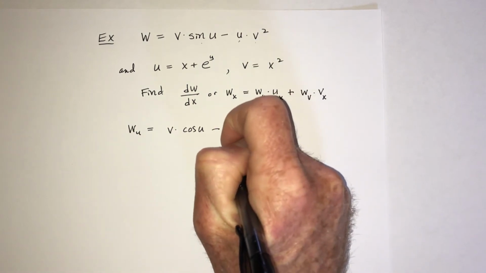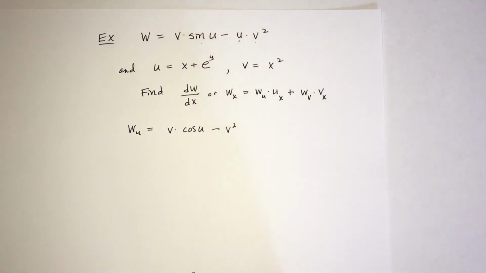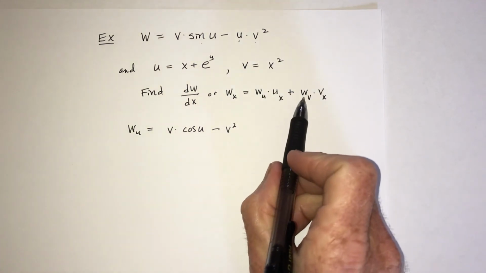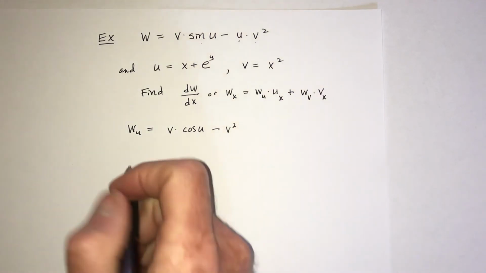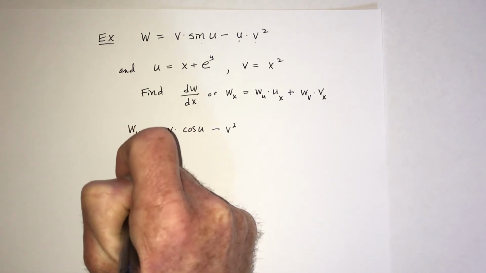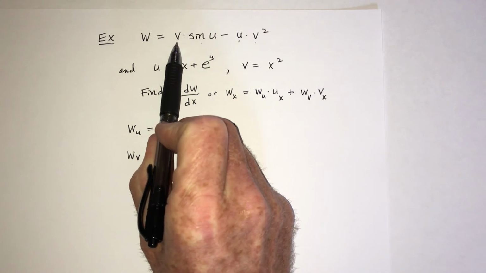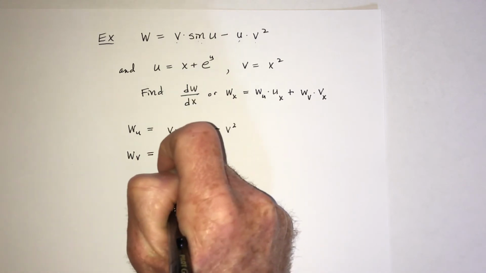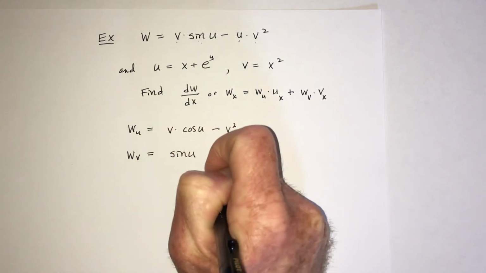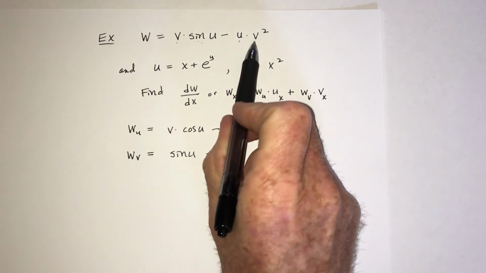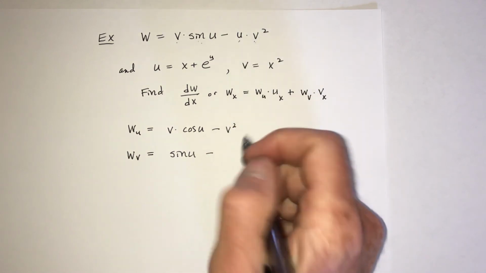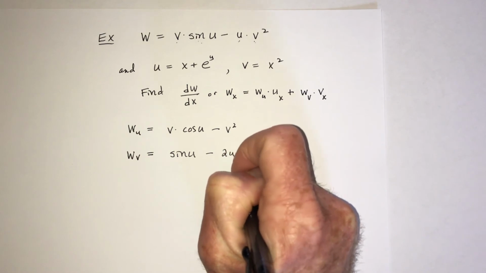So minus 1 times v squared. Now I'm going to still be working with w, but take the derivative with respect to v. So the derivative right here will be a 1, so it leaves 1 times sine of u. Taking the derivative right here is a 2v, so we'll have minus 2 times u times v.